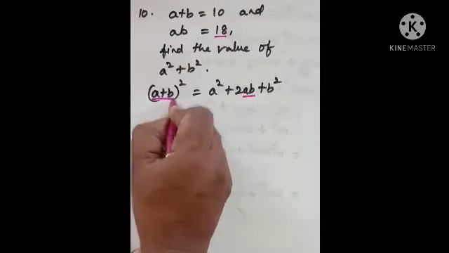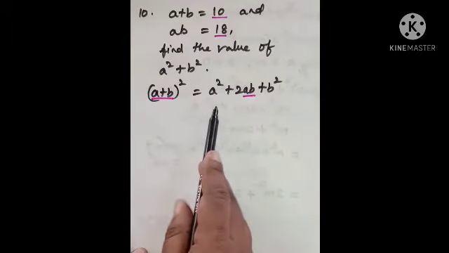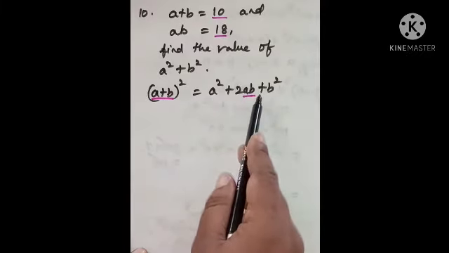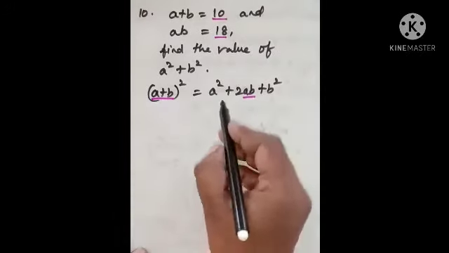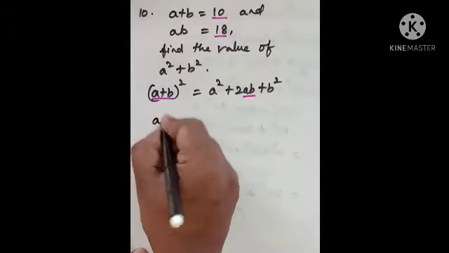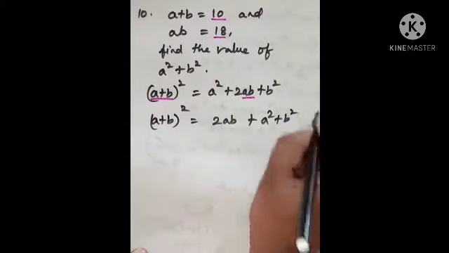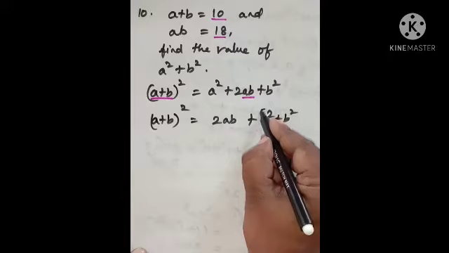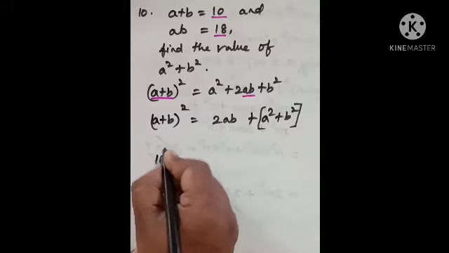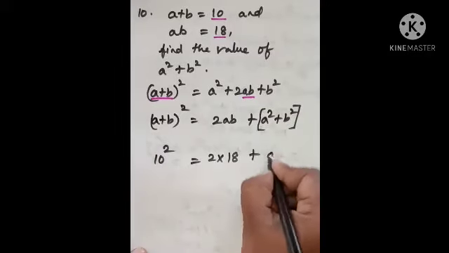To get the value of a square plus b square, rewrite the identity like this: (a plus b) whole square is equal to 2ab plus a square plus b square. Because we need the value of a square plus b square, and a plus b is 10, so 10 square, and 2 into ab, which is 18, plus a square plus b square.